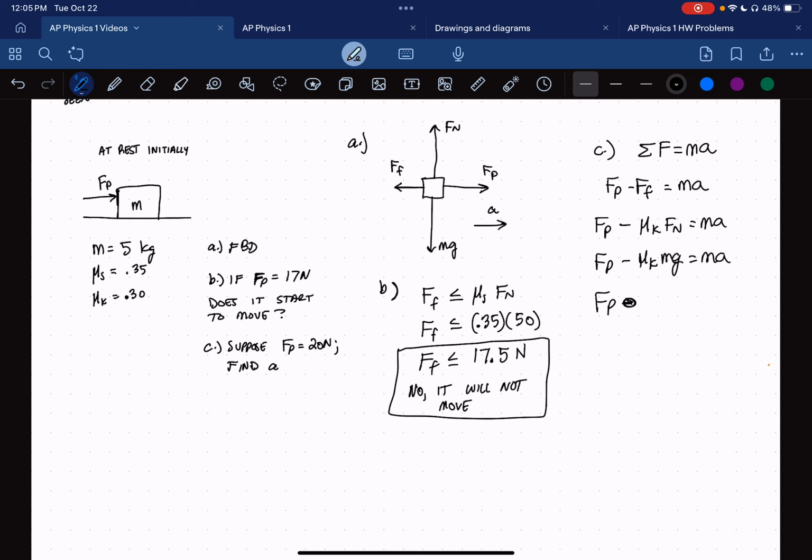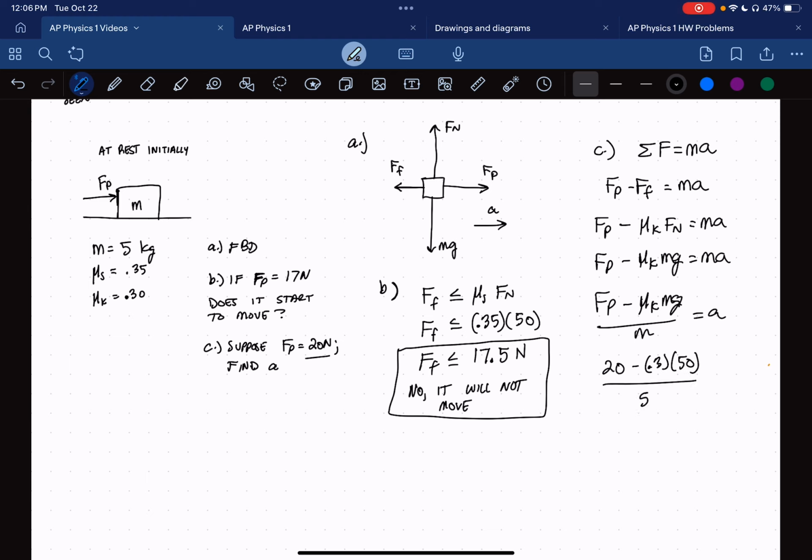So we can just divide by m. And now we'll just substitute it all. Sorry, for part C we said 20. mu sub k is 0.3. mg is 50.